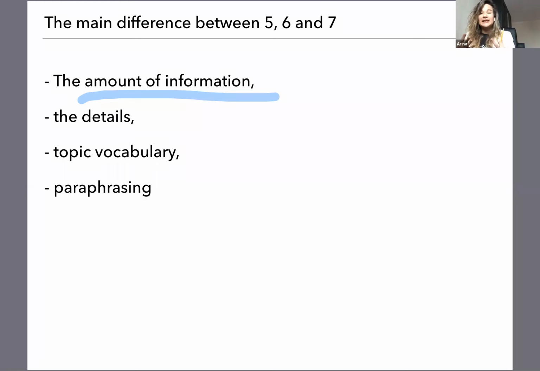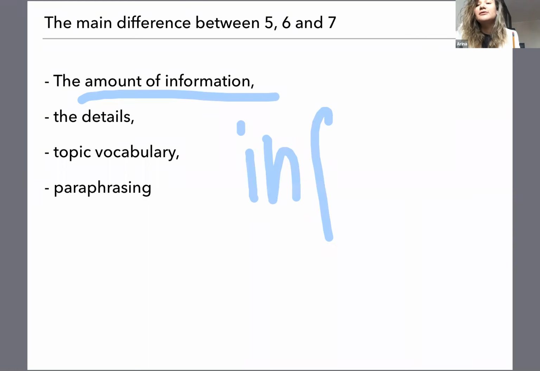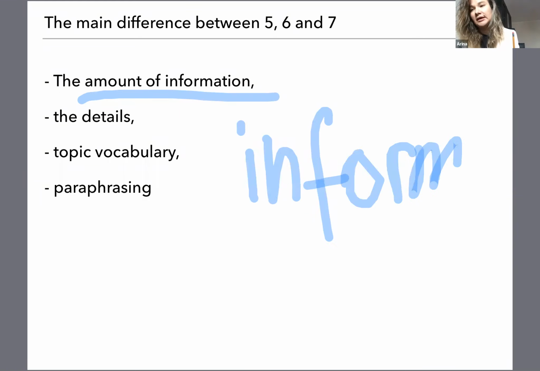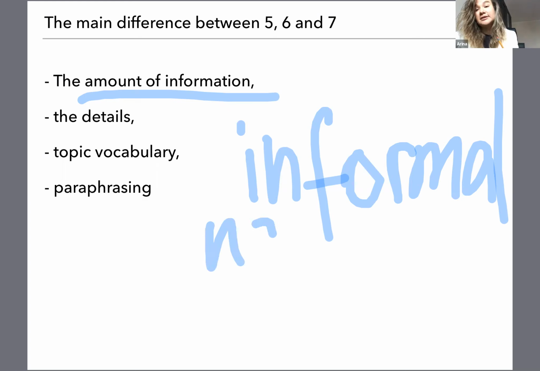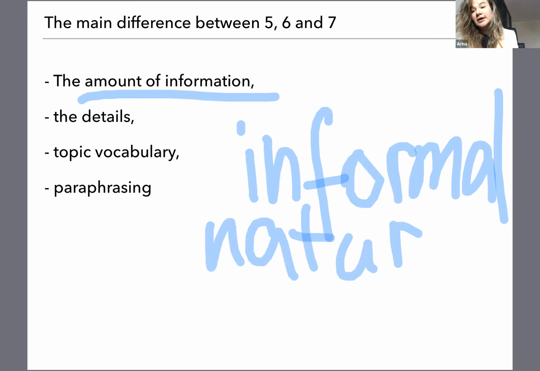It's speaking. So first of all, guys, it's informal, okay? Of course, you don't have to use slang or F words. No, no, no, definitely not. But try to sound informal and natural. Yeah, try to sound natural, okay?